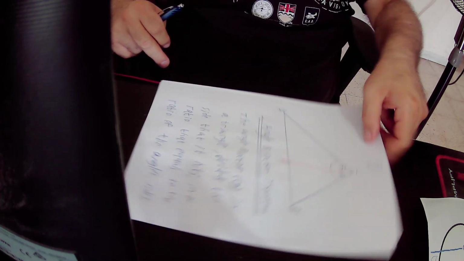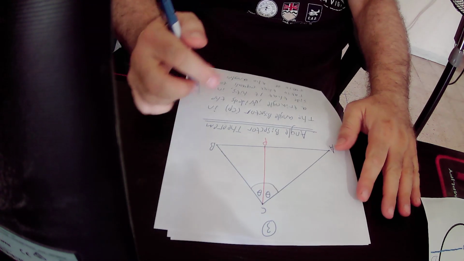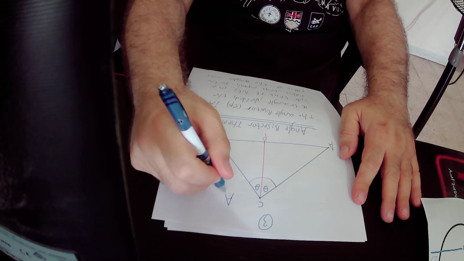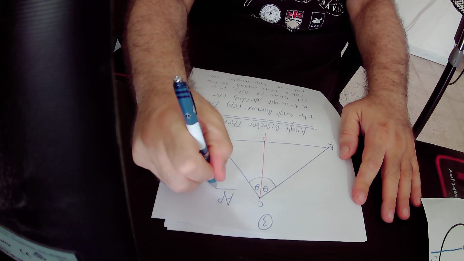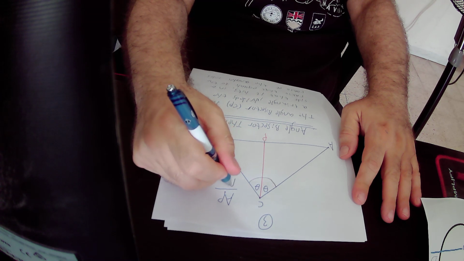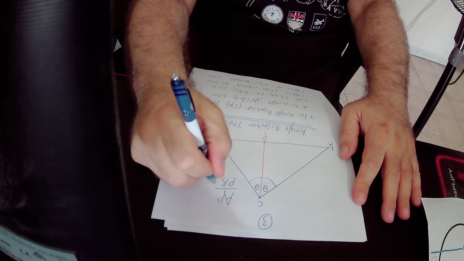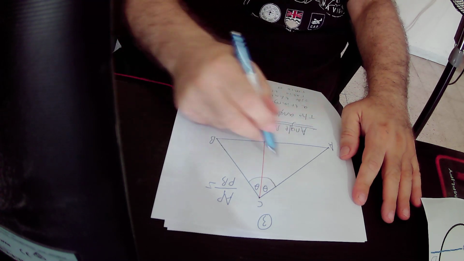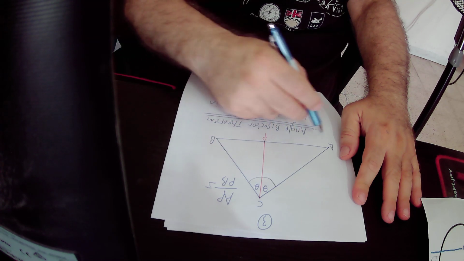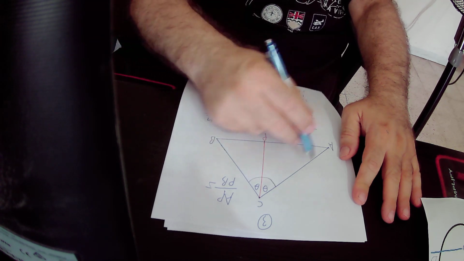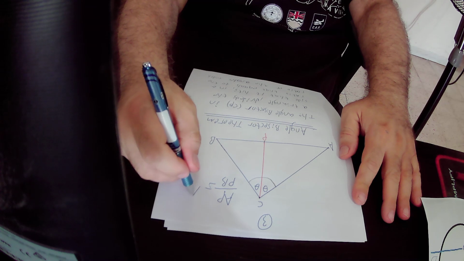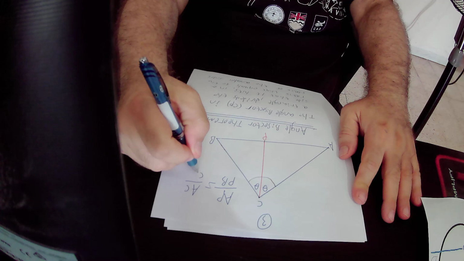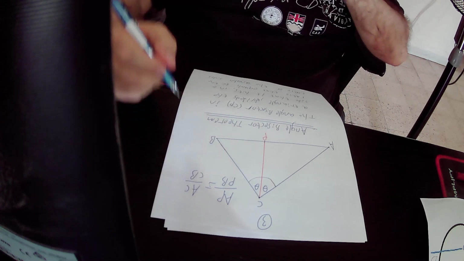Or in other words, the ratio AP over PB equals the ratio between the angle's sides, AC over CB. Okay?